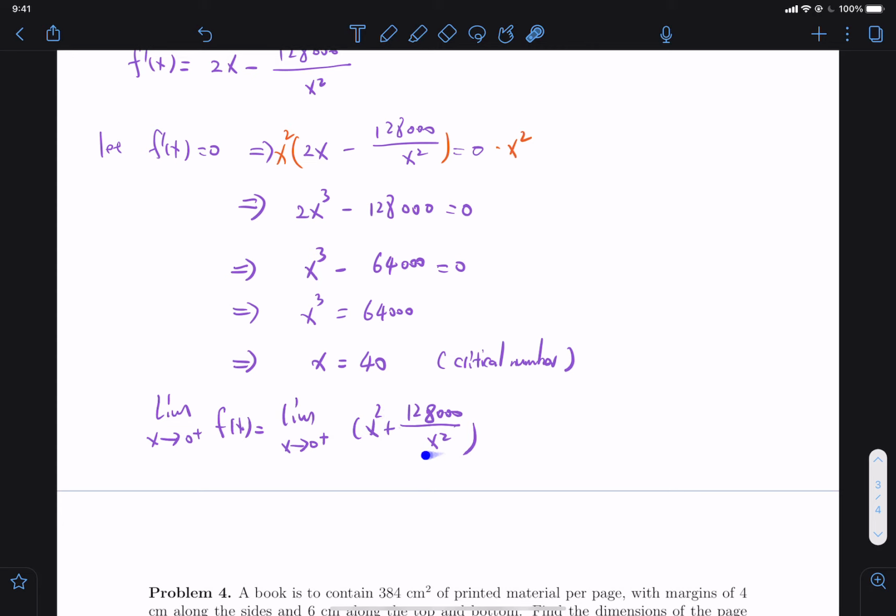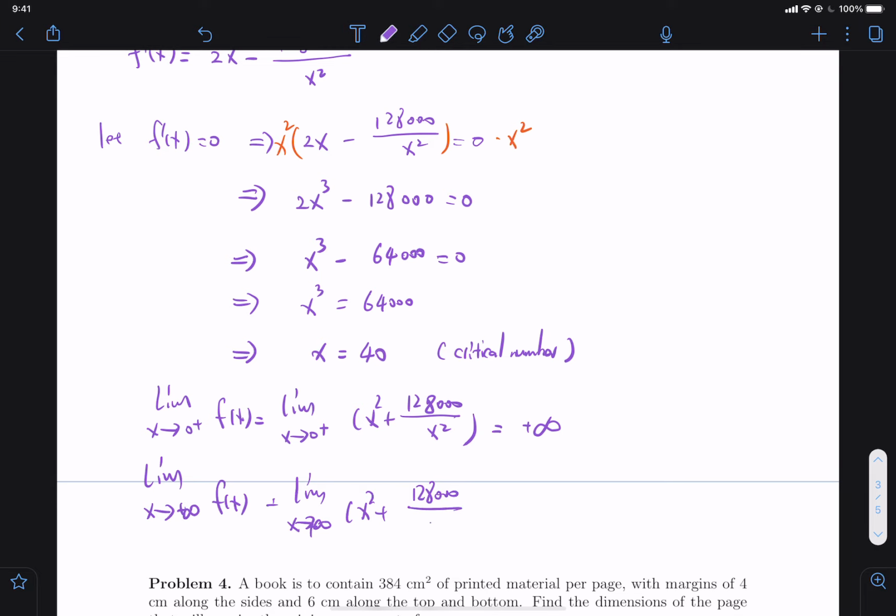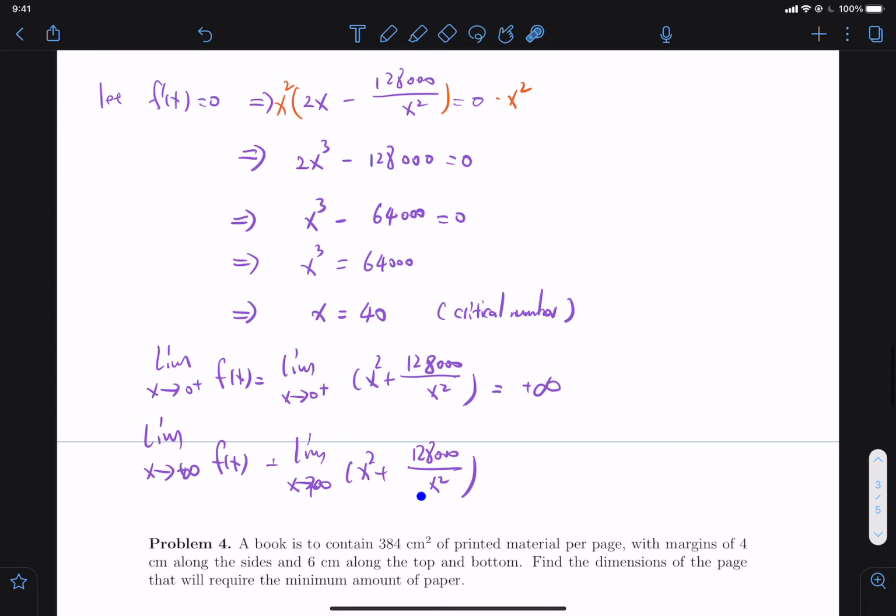And also we compute the limit on the other end, that is, as x approaches positive infinity, f of x, that is this expression, right? And when x approaches positive infinity, the denominator gets large, so this part becomes 0, but this square term also goes to infinity.